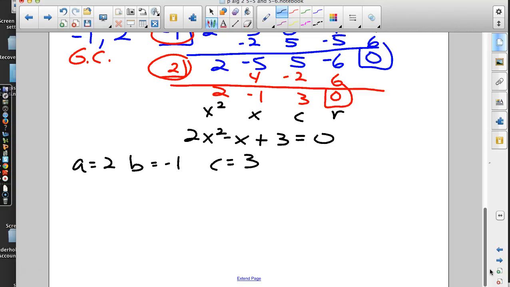I'll give you a head start on the quadratic formula. Don't rush. You'll make mistakes. Don't rush. But let's see if everybody can get the right answer for this.